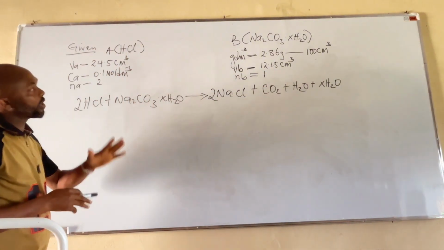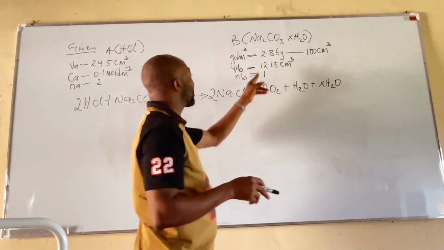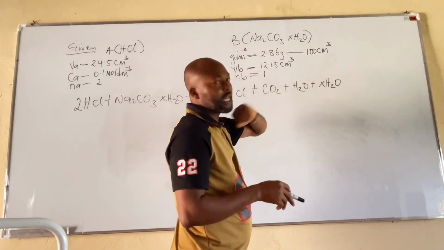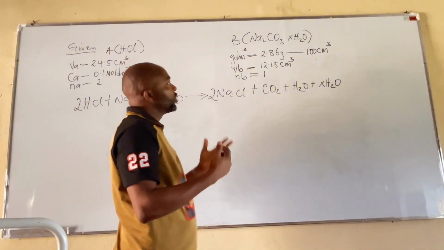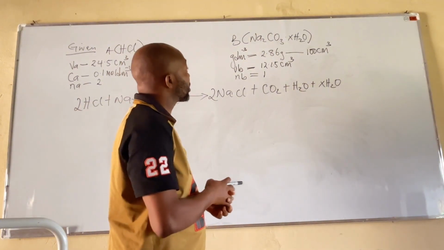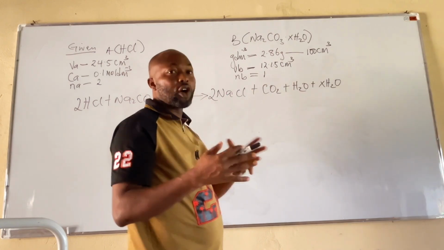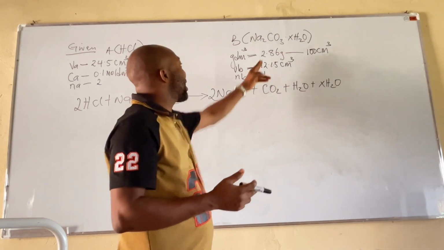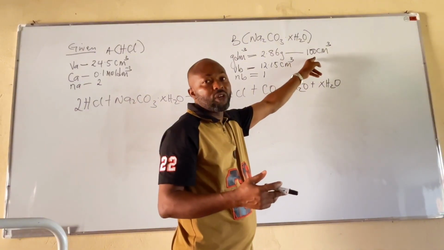If we've gotten this, remember I said I'm going to explain this. They gave us 2.86 gram in 100 cm³. We should know that those are the values for the mass concentration. Most of us may not understand what the 100 meant. We remember the formula for mass concentration to be mass over volume, but the volume must be in dm³.